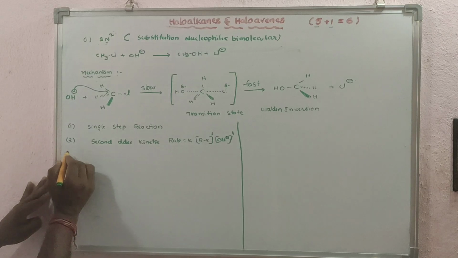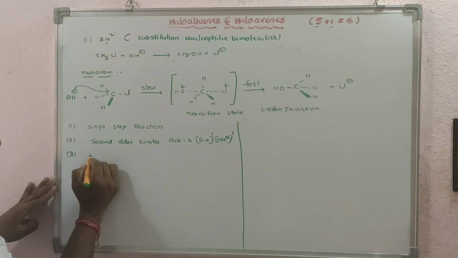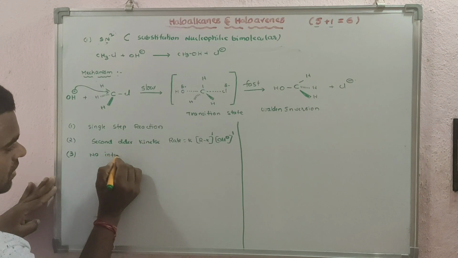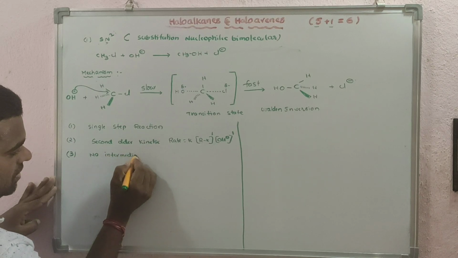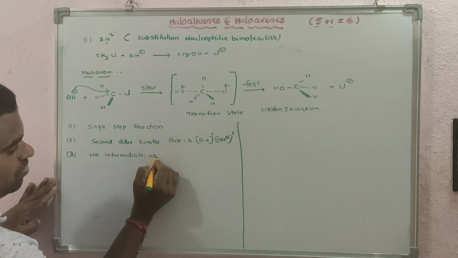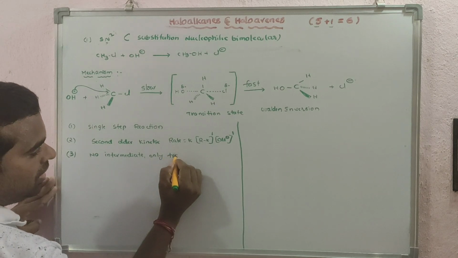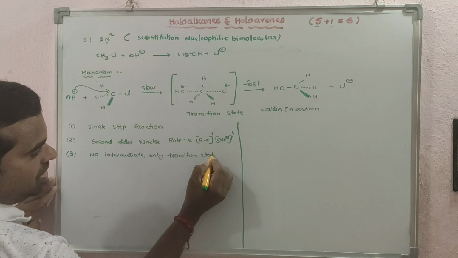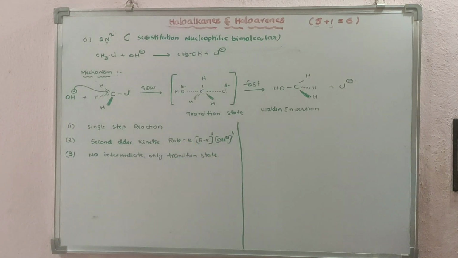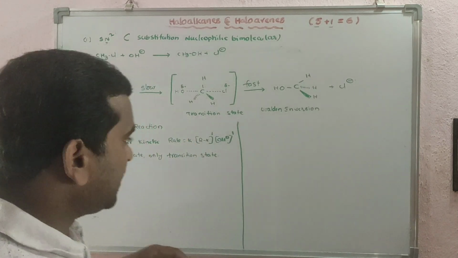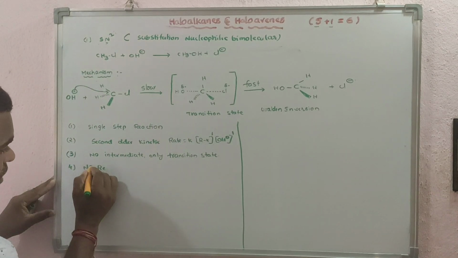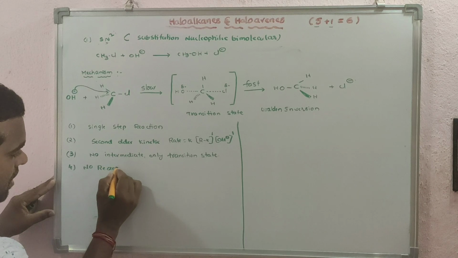And the third one is that no intermediate formation takes place in this reaction. Only which one is formed here? Only transition state is formed here. If there is no intermediate, then there is no chance of rearrangement.